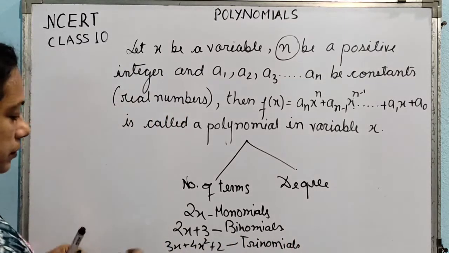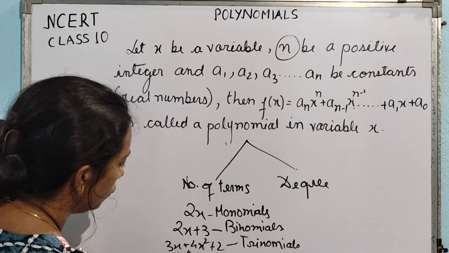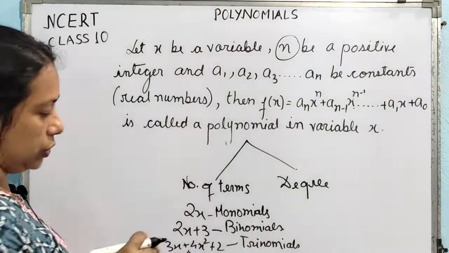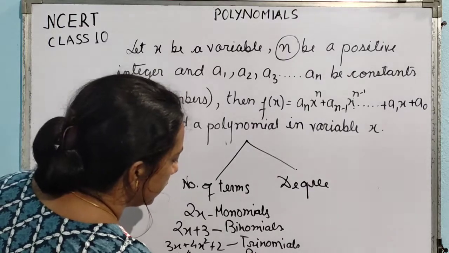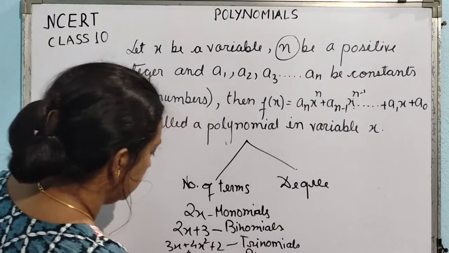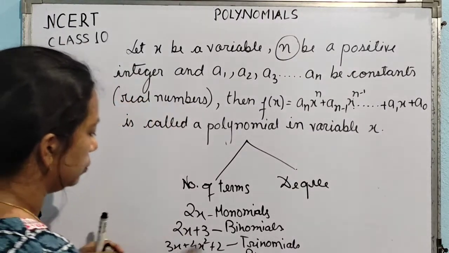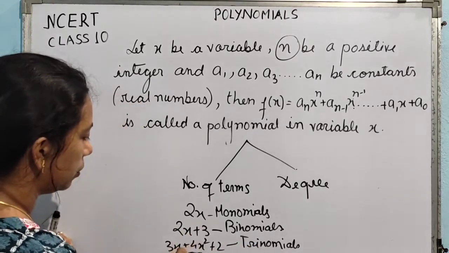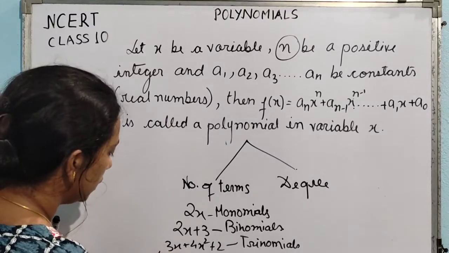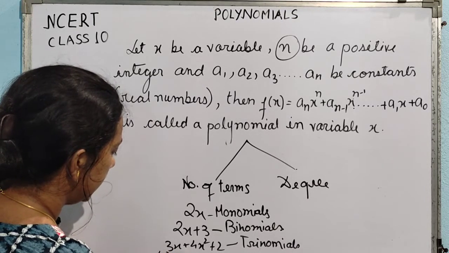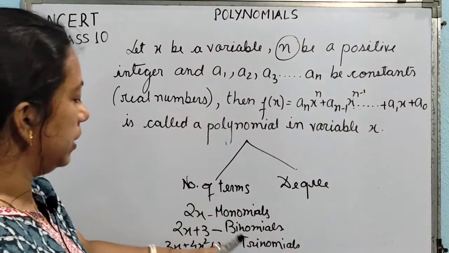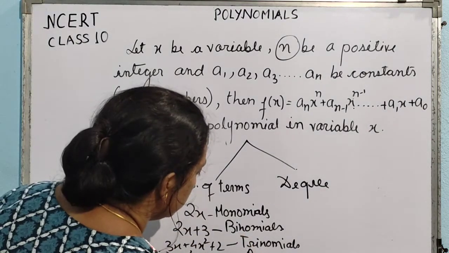Suppose 4x to the power of 4 plus 3x plus 1, the degree is 4, so it is called biquadratic. Oh sorry, I am talking about the terms here, not the degrees. 4x cube plus 3x square plus 2x plus 1. So monomial, binomial, trinomial, quadrinomial.